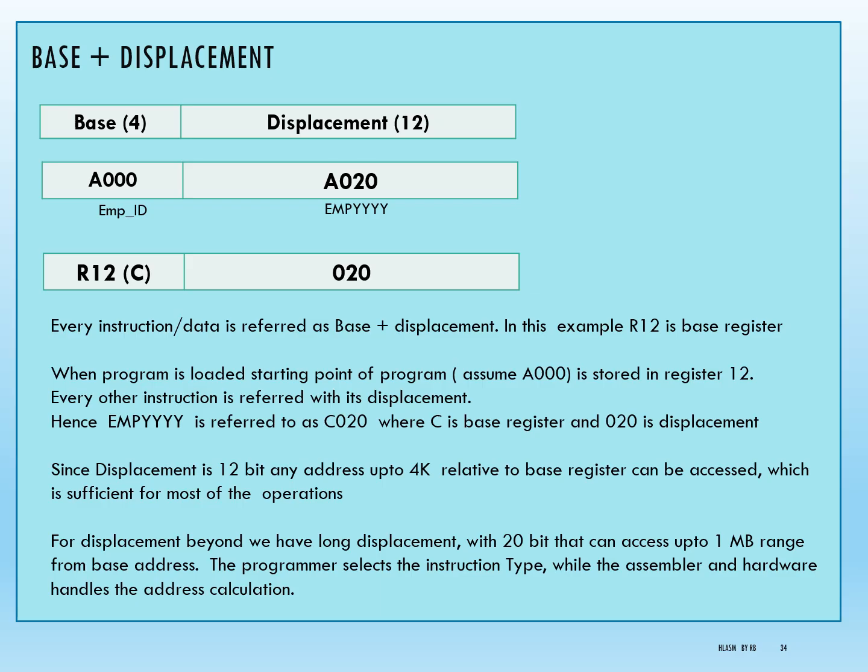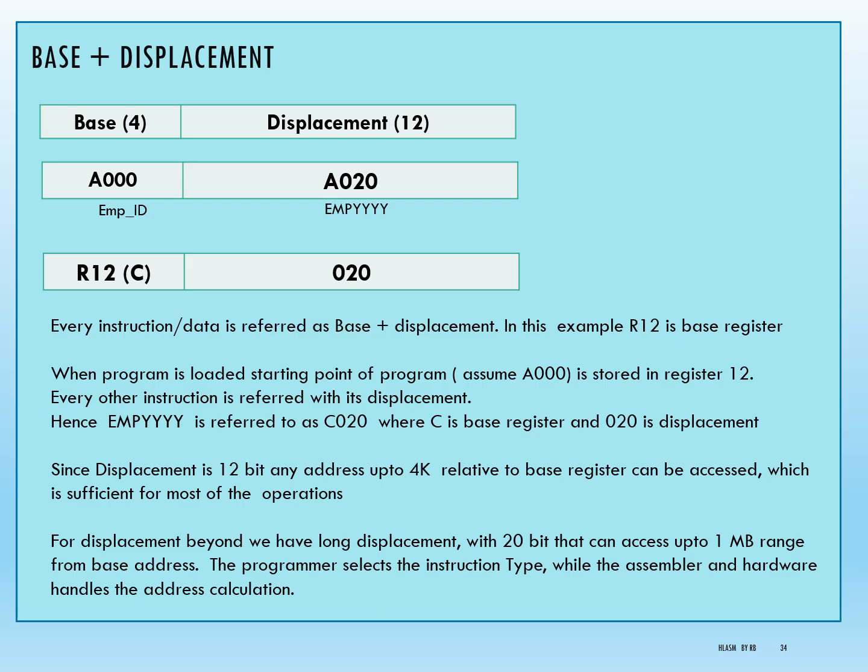And where is my emp y? It is at a distance of 0 to 0 from me. It is like your Google Maps. You are going to a restaurant or a hotel and you want to find out where this particular place is, where is my office, how far it is, and when you try to measure it, it will start from a 0 point. What is the 0 point? The hotel or place you are staying right now, or maybe the airport is your 0 point, and from there how much distance this particular office is.